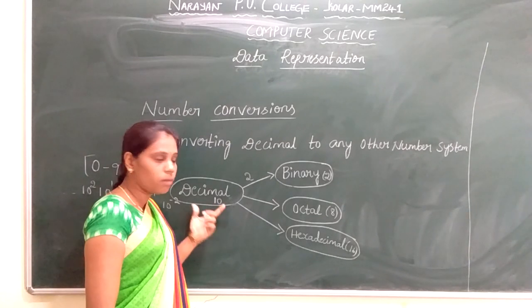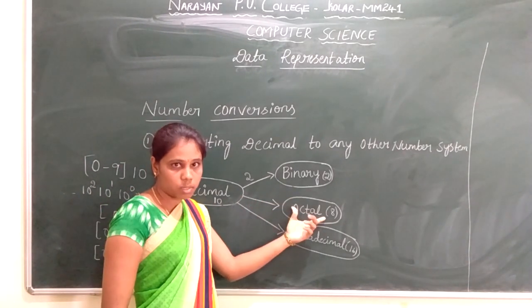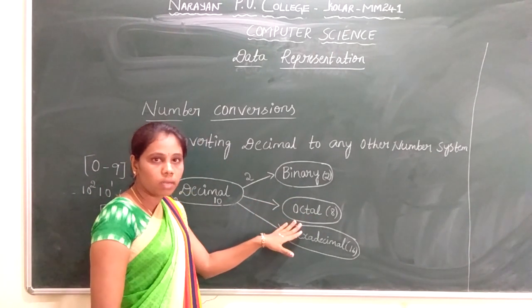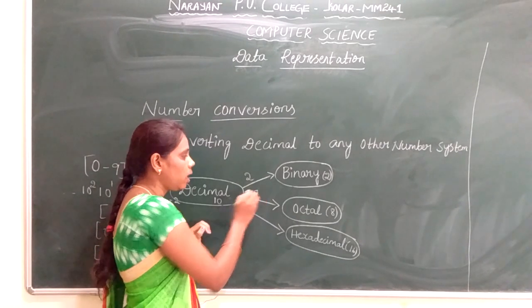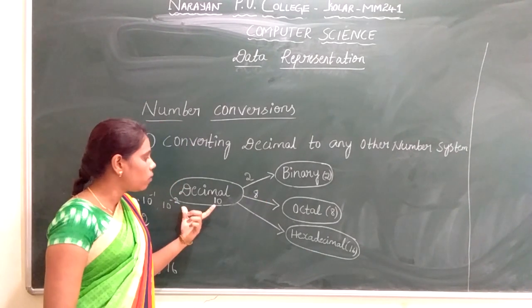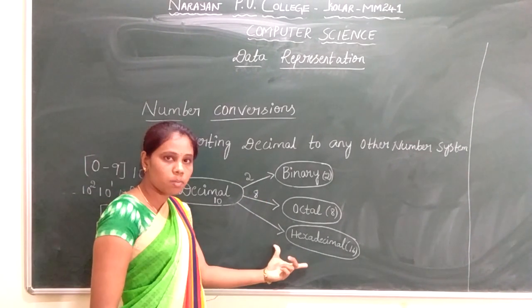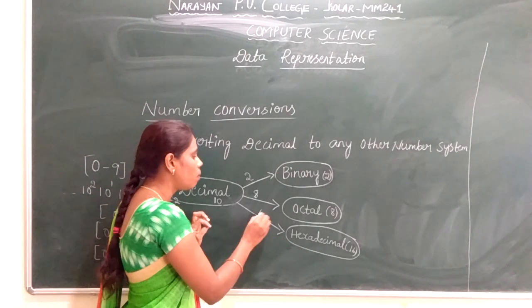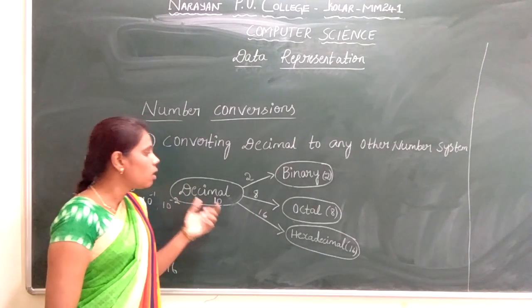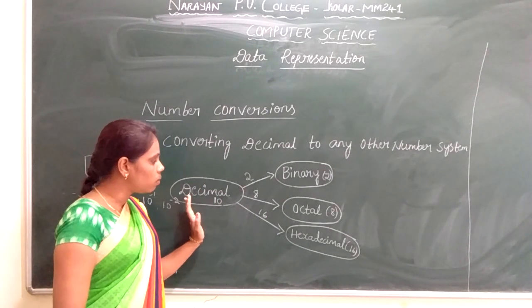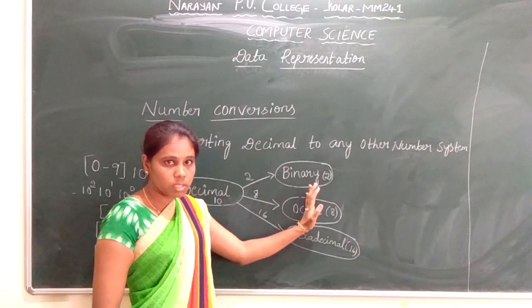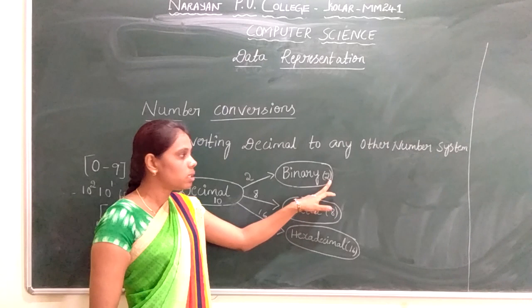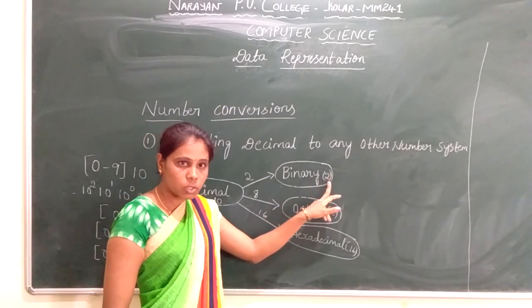When we are converting from decimal to octal, we need to divide the given decimal number by 8, and when we are converting from decimal to hexadecimal, we need to divide the given number by base 16. See here, whenever we are converting from the decimal number system to any other number system, we need to consider the new base value, that is the destination base.